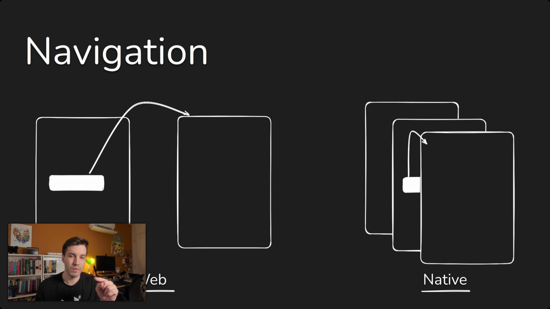When you go back, you'll see the previous screen you were on, but remember, it's using the same web view, so you wouldn't actually be able to see the page behind it. That's why it uses the screenshot to create the illusion that you can see the previous page.